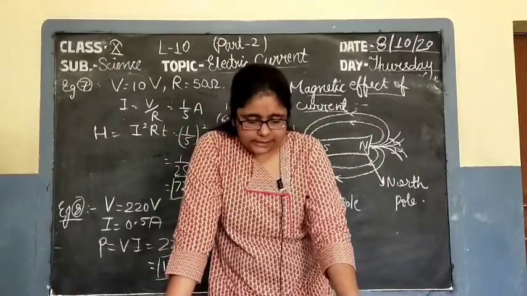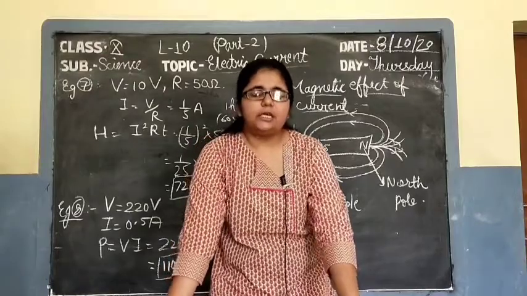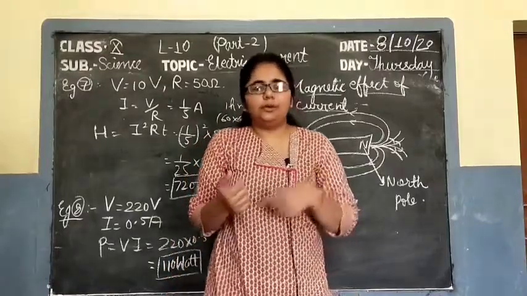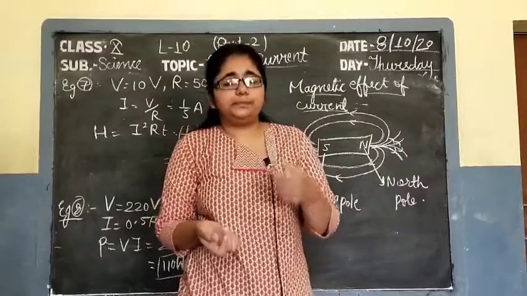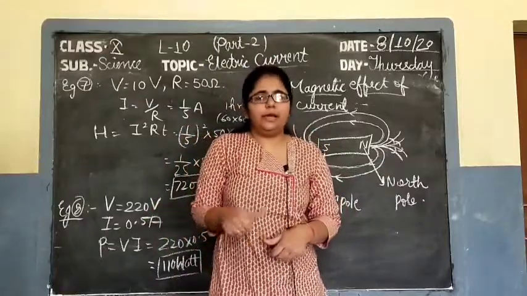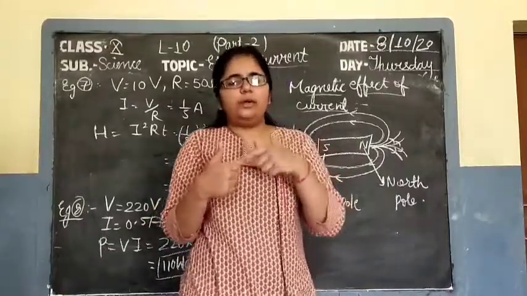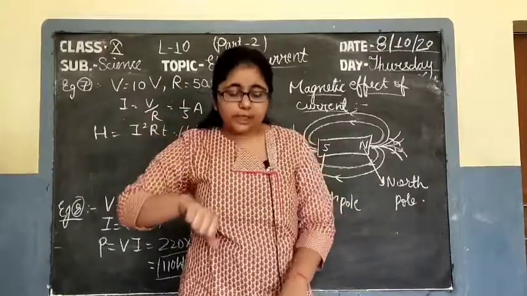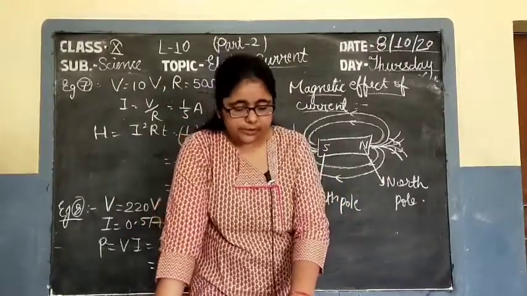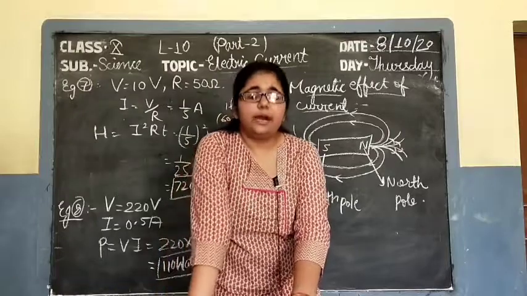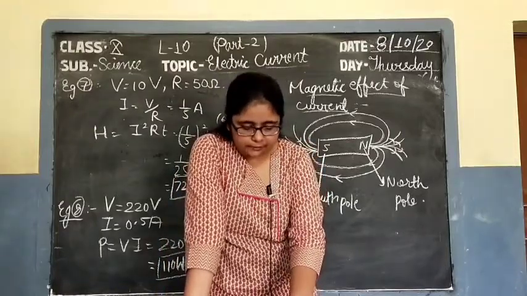Like that, there is a right hand law in which the curled fingers will denote the direction of magnetic field and the thumb going upwards or downwards will denote the direction of current. So these are the laws basically for knowing the direction of magnetic field.